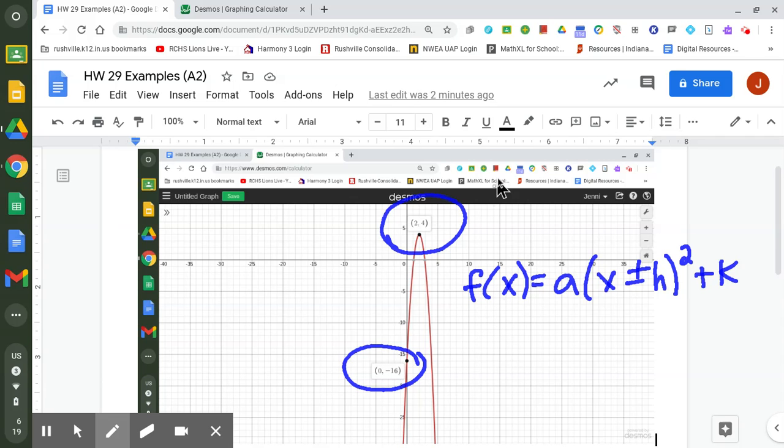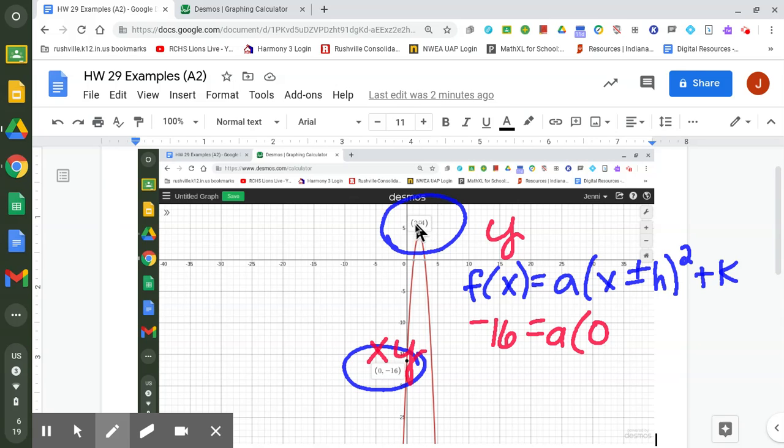This f of x is another way to write y. So as I look at my point here, I've got x and y. I'm going to put -16 in equals a, parenthesis, and then the x of that is 0.